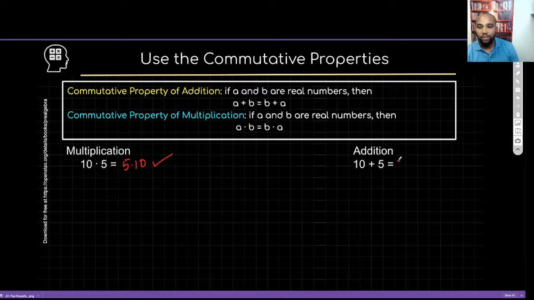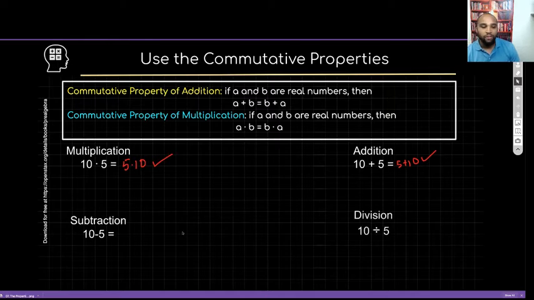Is that equal to 5 plus 10? It sure is. And what about subtraction? 10 minus 5, is that equal to 5 minus 10? Well, 10 minus 5 is 5. 5 minus 10 is negative 5. So nope, these are not equal.